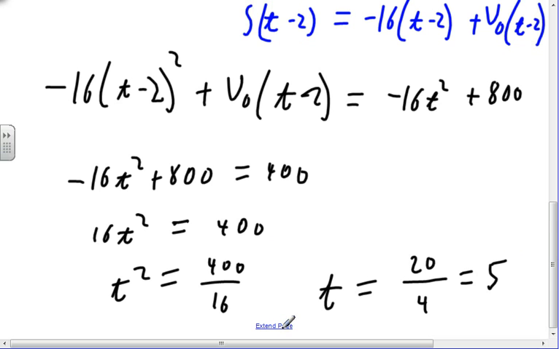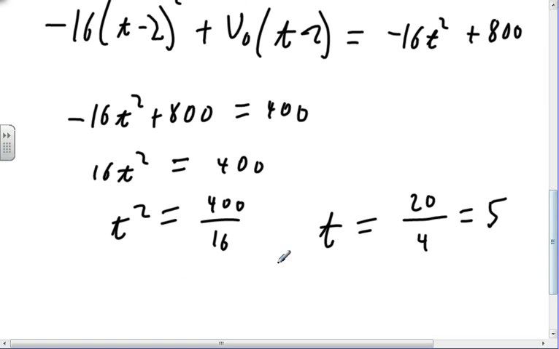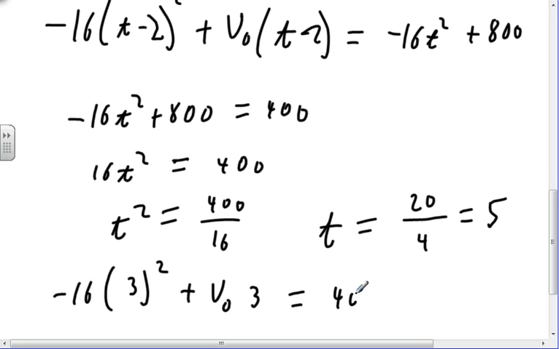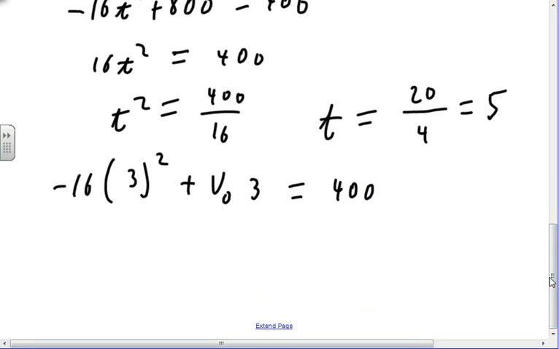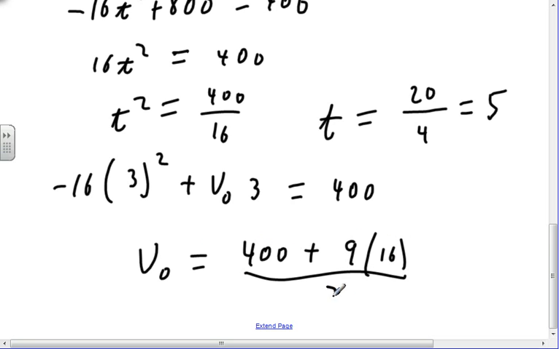Now, the second equation is minus 16 times 3 squared plus v naught times 3 is going to equal 400. So v naught is equal to 400 plus 9 times 16, divided by 3.